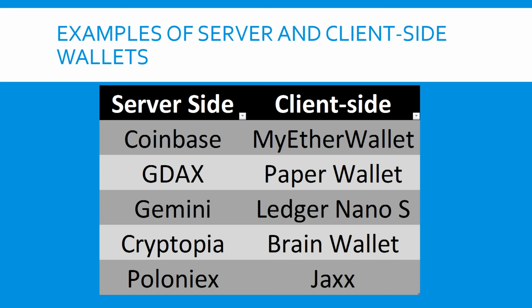And then, of course, there's the Brain Wallet. What that means is you memorize your password. I don't know anybody that can do that because it would involve remembering a random set of string characters and numbers. And then there's Jaxx, which is also a client-side wallet that you can use for storing cryptocurrencies like Bitcoin, Ethereum, Litecoin, and so on.